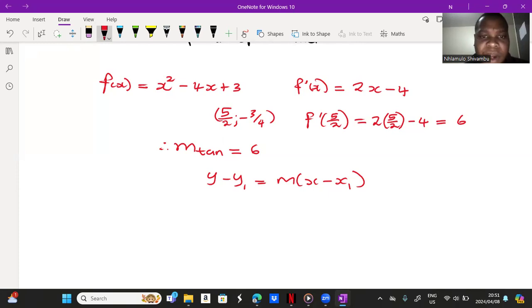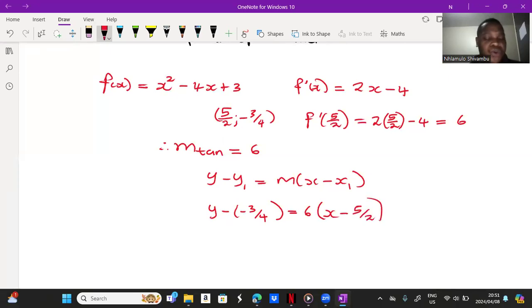So when there is y1, we substitute the y value. So this will be y minus 3 over 4. Then the gradient of the tangent is 6, because we calculated it using the gradient of the curve, times x minus the x value, which is 5 over 2.